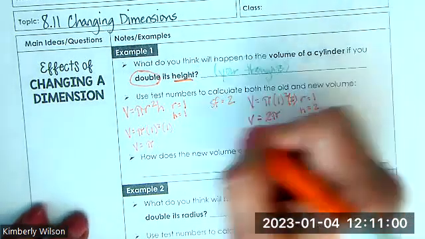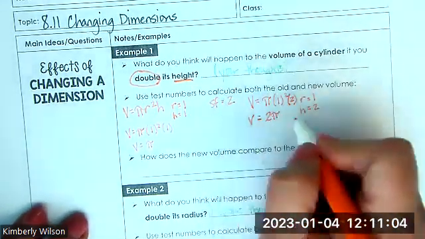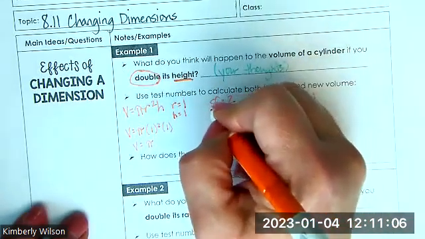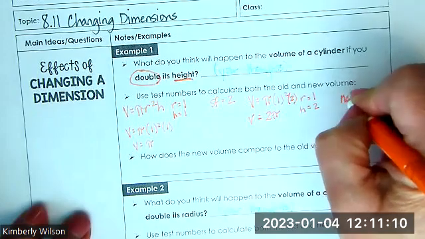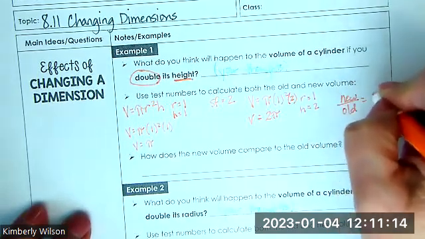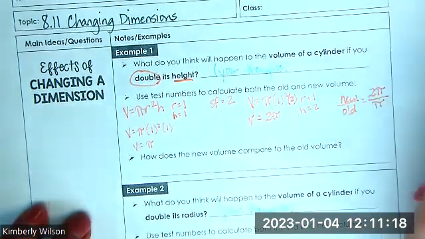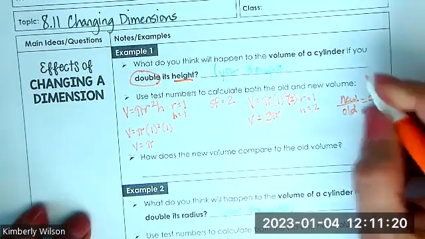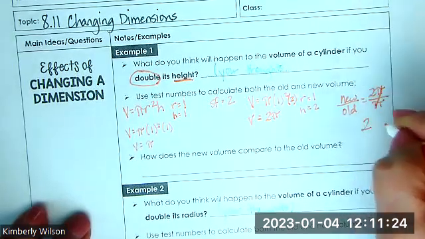To notice what happens between the two of these, you'll notice easily it doubles, but you can also calculate this by doing the new over the old. We have 2 pi over pi. The pi's cancel, and I'm left with 2.